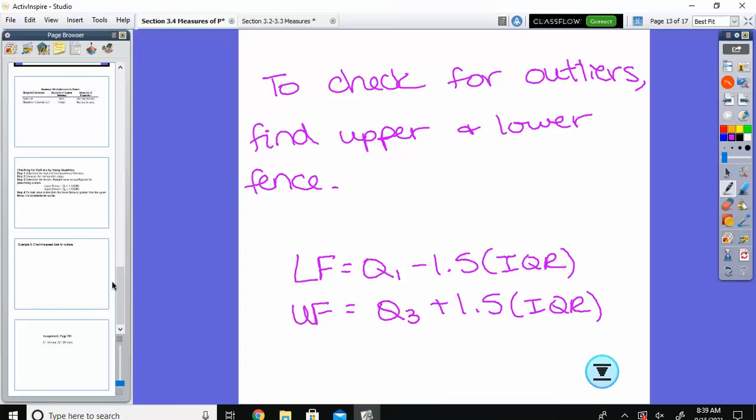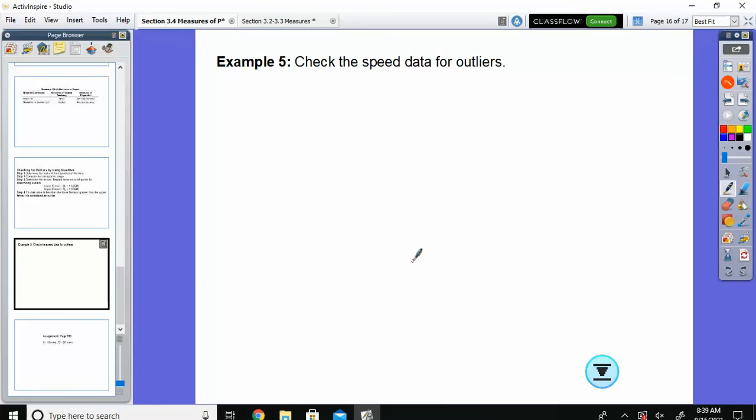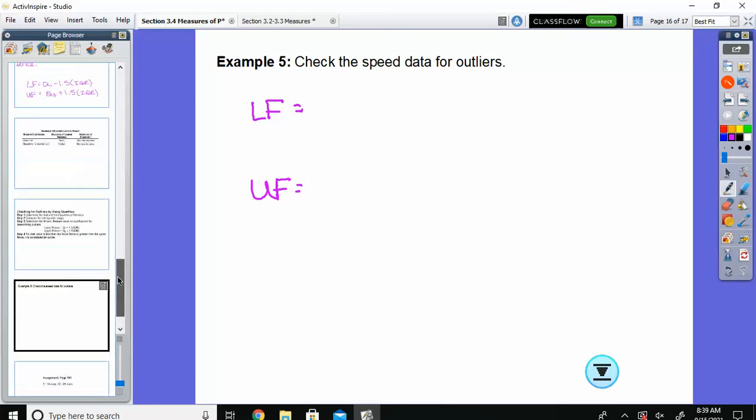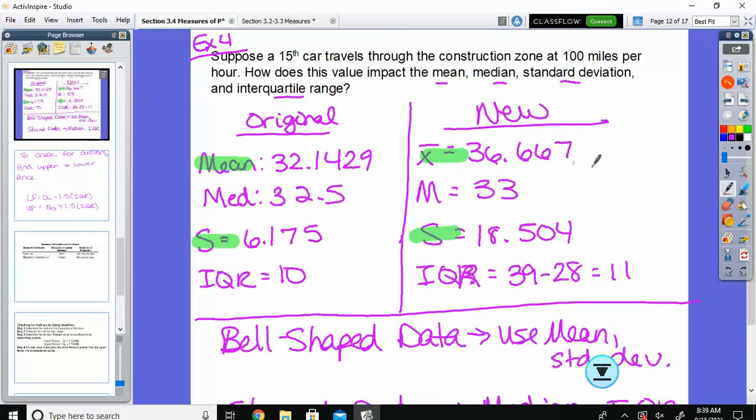So I would like to do this with our set of data that we were just using, our speed data with that 100 mile per hour in there. So if I want to check it for outliers, we have to find the lower fence and the upper fence. My lower fence starts at quartile 1, which is still in our calculator, isn't it?